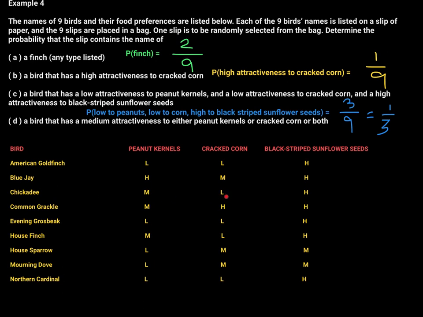The chickadee has a medium attractiveness to peanut kernels. So that's two. Let's look at the common grackle. It has a medium attractiveness to peanut kernels. Let's look at the house finch. It has a medium attractiveness to peanut kernels. Let's look at the house sparrow. It has a medium attractiveness to cracked corn.